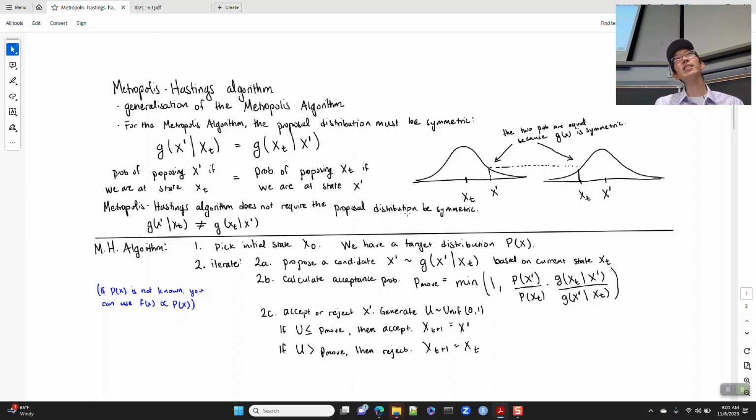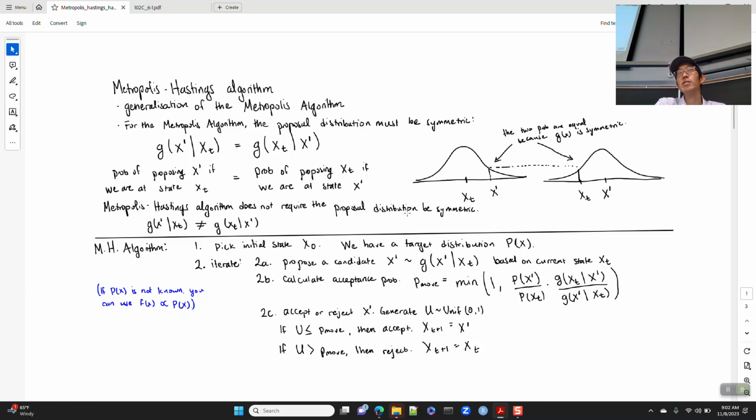It would be kind of like if we go back to the island hopping example, instead of flipping a coin, you could have some kind of biased coin that lands heads more frequently than it lands tails. So you end up proposing islands to the left more often than you propose islands to the right. And even if that were the case, as long as you take into account the fact that your coin is biased to land heads more often than tails, you can still get it to work. That's basically the Metropolis-Hastings algorithm.